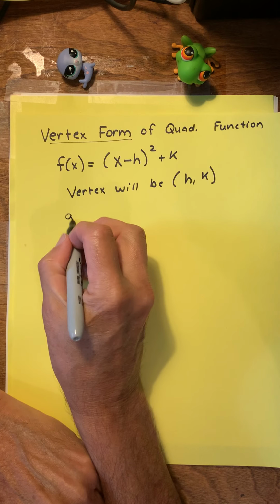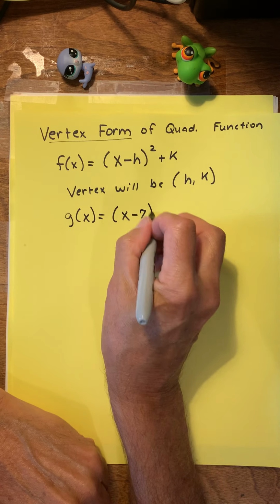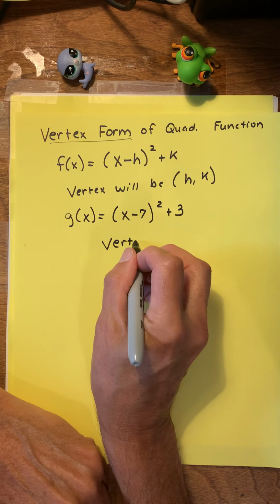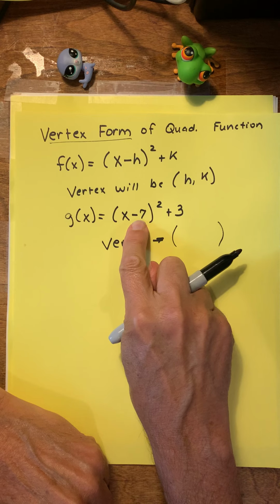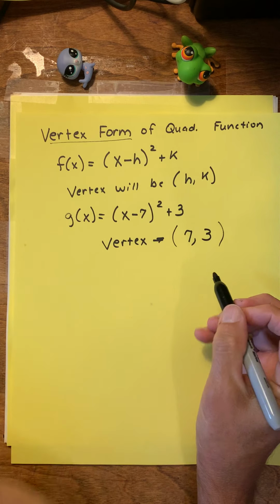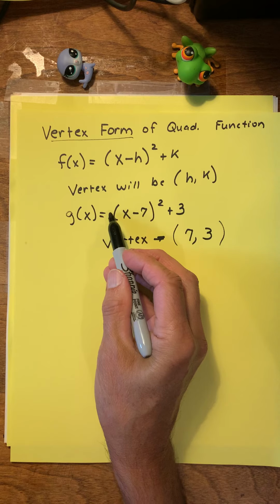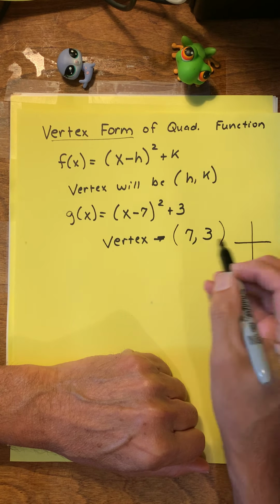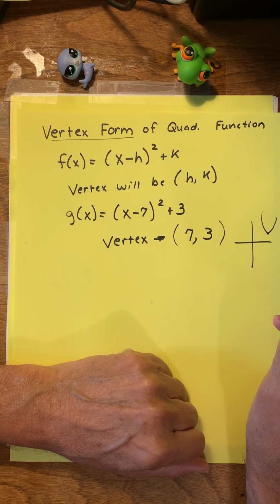For instance, if I gave you that and said, what's the vertex? You'd say, well, it's the opposite of this number and exactly that number. And since the number in front of my parentheses is a positive 1, I know this is an upward turning parabola with vertex at the point (7, 3). (7, 3), upward turning parabola.